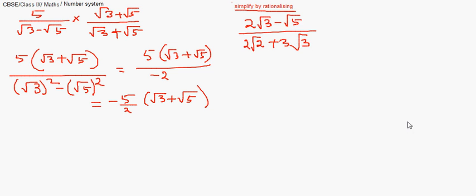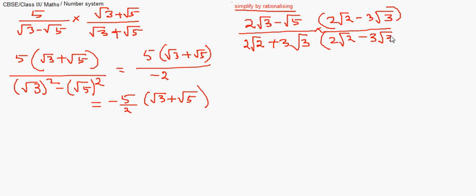To do so, what do we multiply this with? We multiply with 2 root 2 minus 3 root 3, the opposite of the denominator, as we learnt.